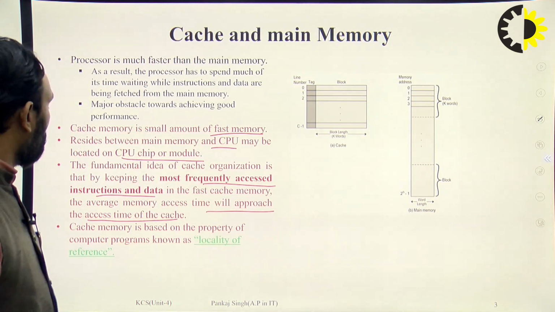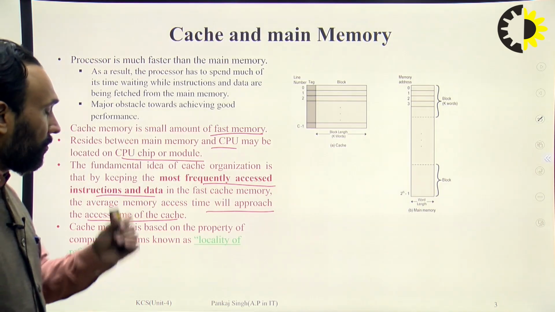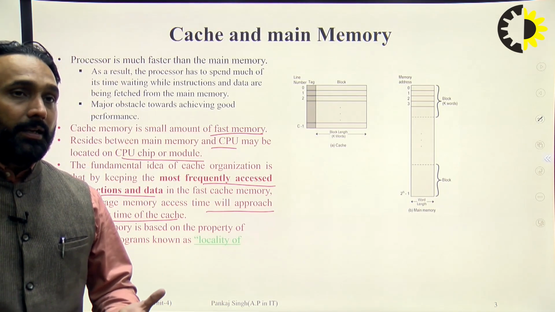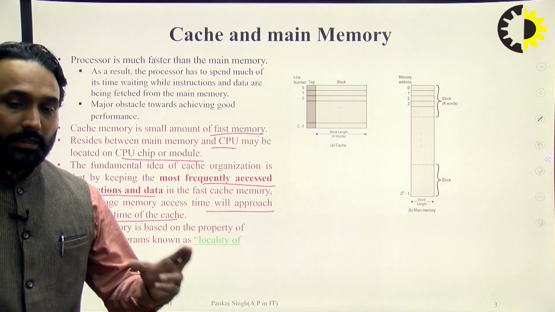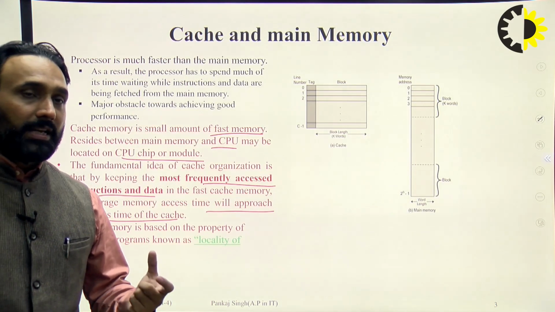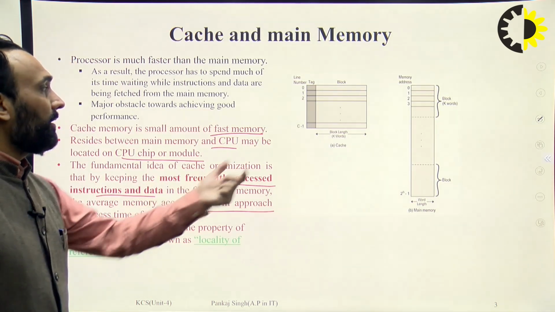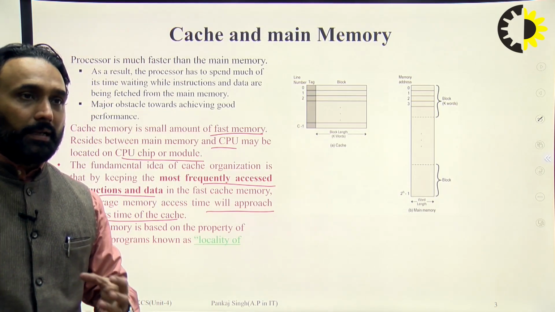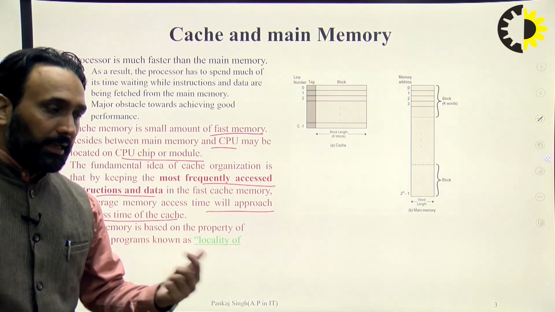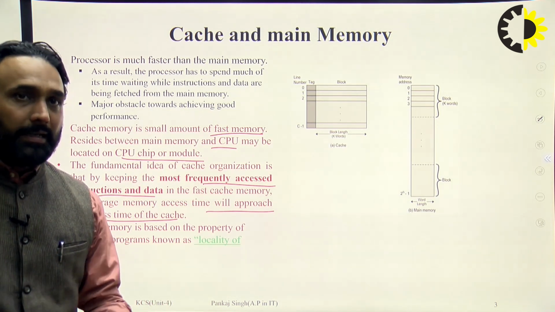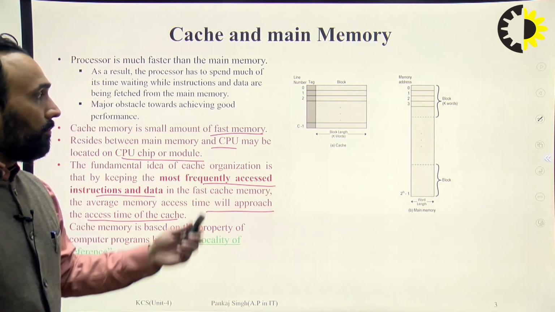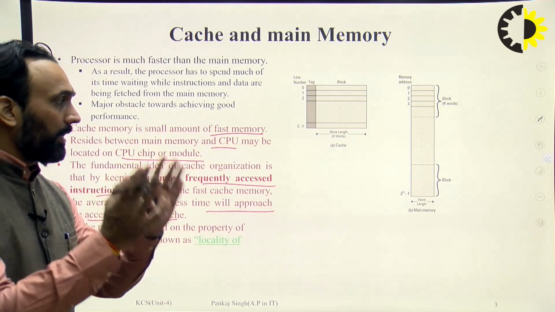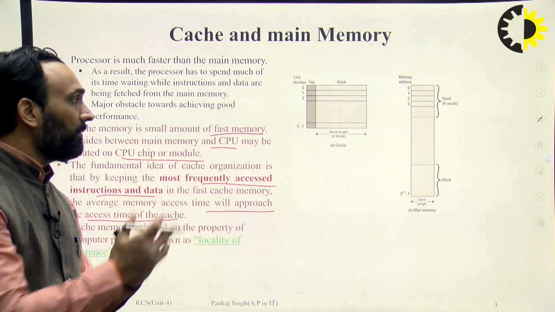Cache memory is based on the property of computer programs known as locality of reference. So the data required repeatedly by the processor is kept in cache memory so that the CPU can easily find the frequently used pages. But it is not practically possible to keep all the pages or blocks in cache memory.